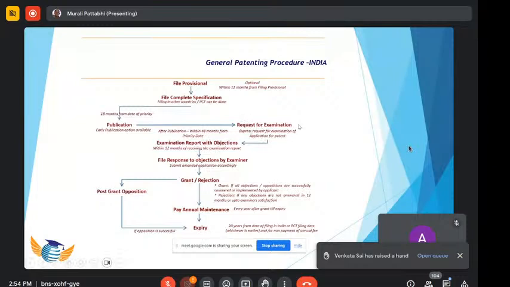Once we file for request for examination, they would examine as per the serial order, and they would give us examination objections, the FER in India, the first examination report. Within 6 months from then, we need to file our supporting arguments to the patent office, stating in what way our invention would satisfy all the requirements as per the patent law, and we need to reply to that.